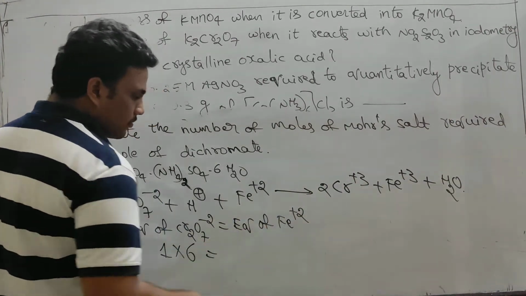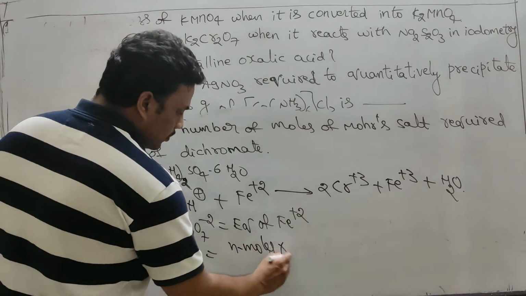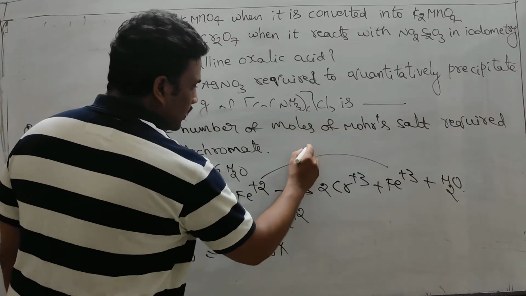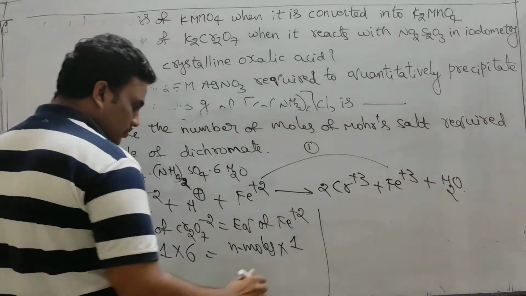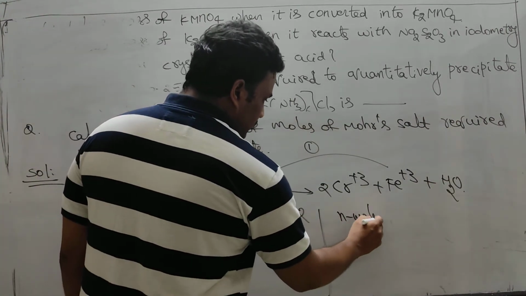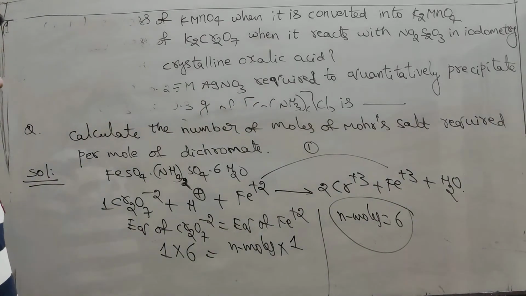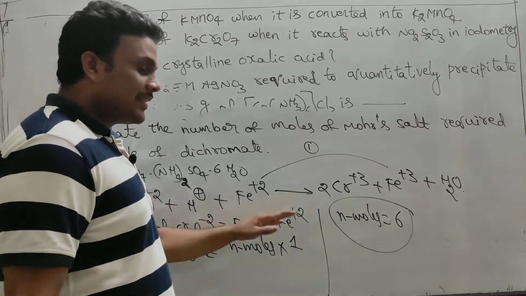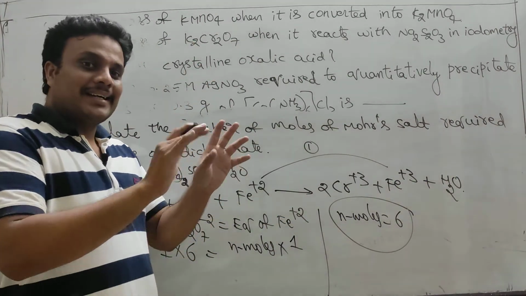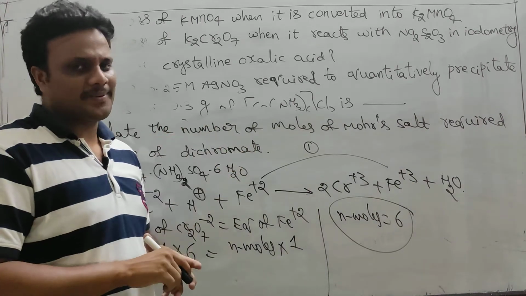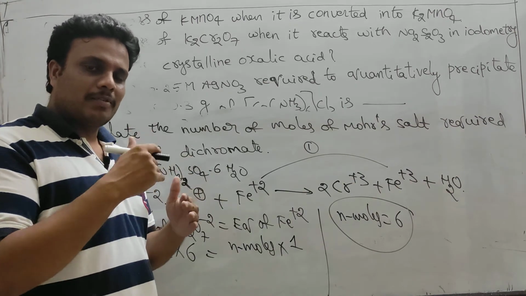On the right side, equivalents of Fe+2: number of moles that we have to calculate into n factor. Ferrous to ferric, change in oxidation state is 1 unit, so that is 1. Now what is the number of moles? Number of moles required is 6. So here also I have used the equivalence formula. You see, in total 6 model questions I have solved, but almost different formulas I have used. In some cases I have used mass upon gram equivalent mass.